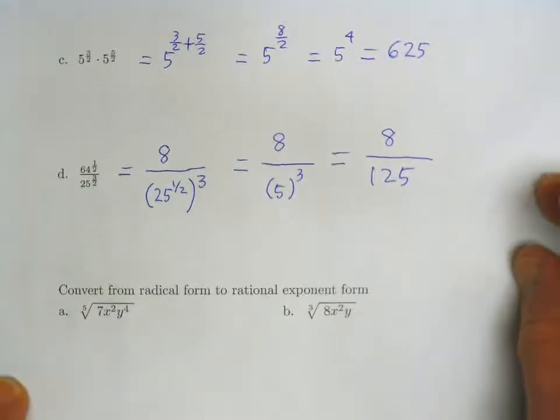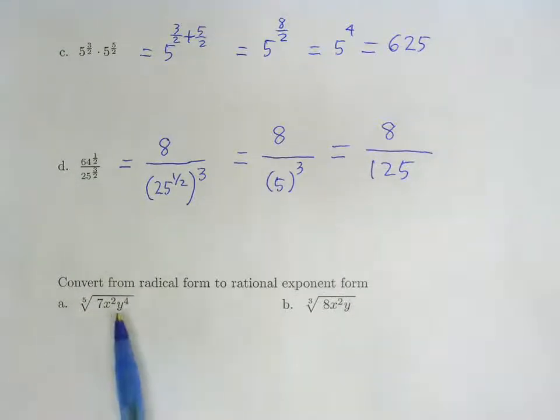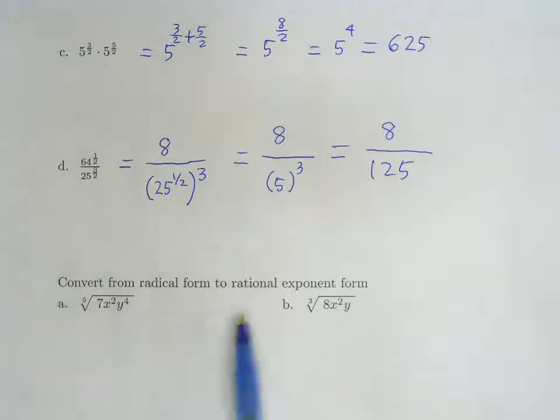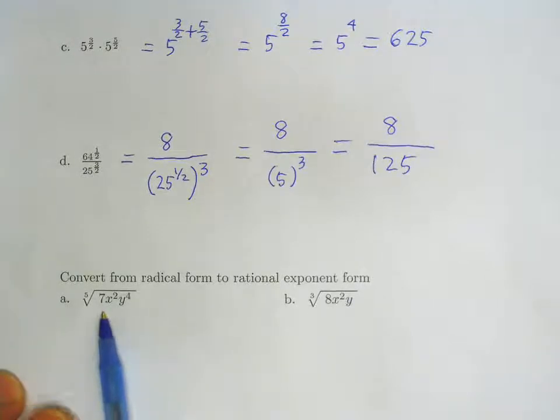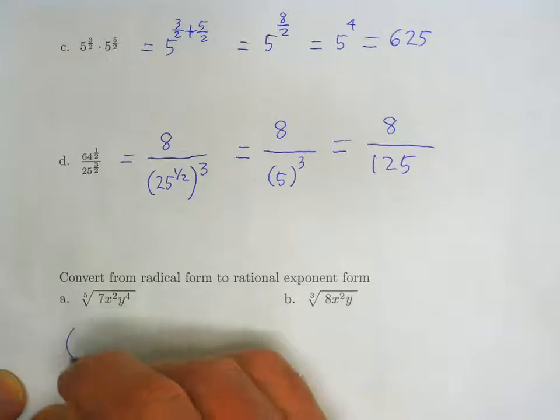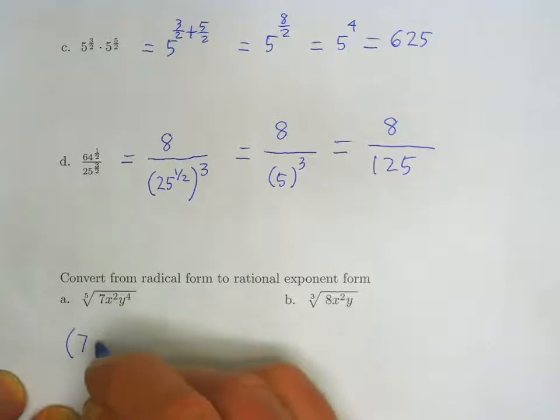Okay, in the next example, the directions are to convert from radical form to rational exponent form. So the fifth root of an expression just means to raise that expression to the 1/5 power.